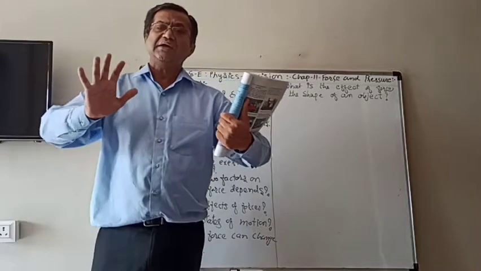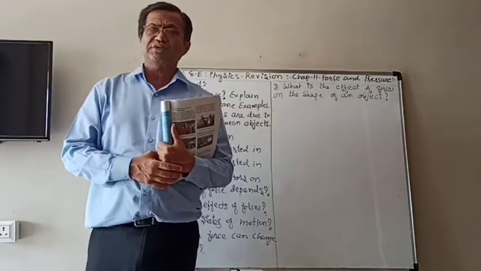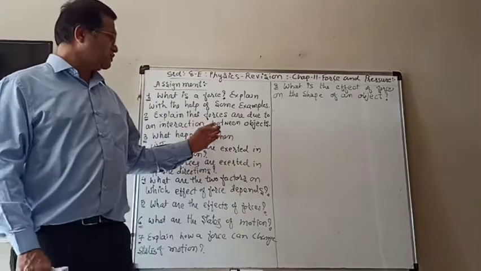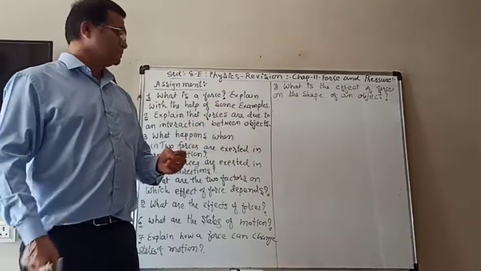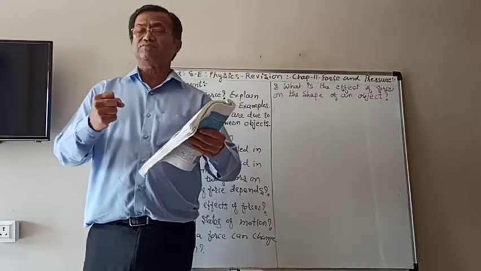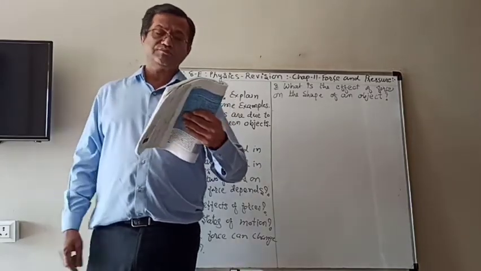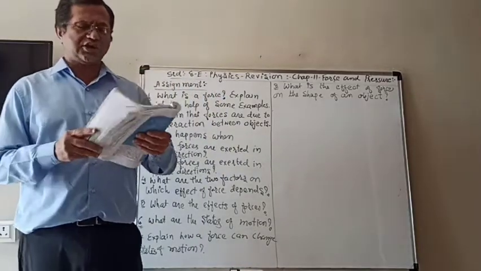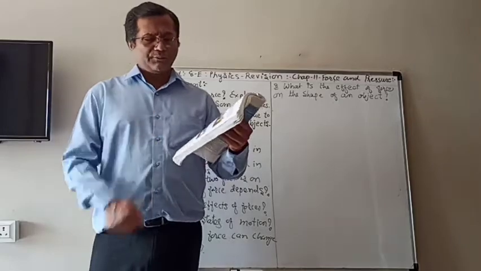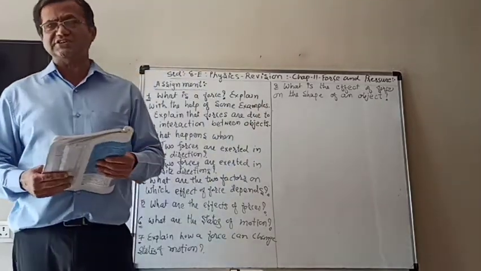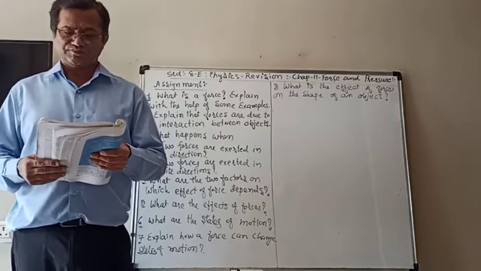Without interaction it is not possible. You can give examples like this one. Also, two girls playing, pushing each other or pulling, or when you are pulling a bullock, you can see in the pictures in your book.